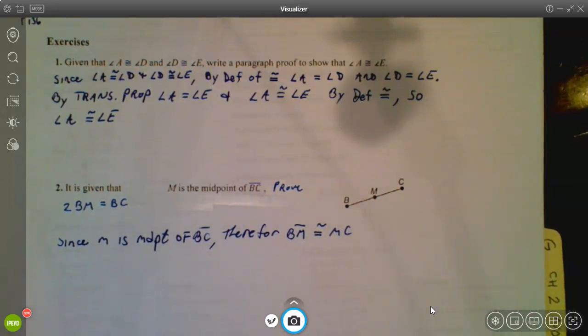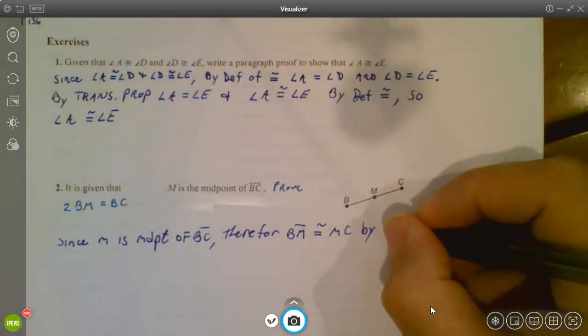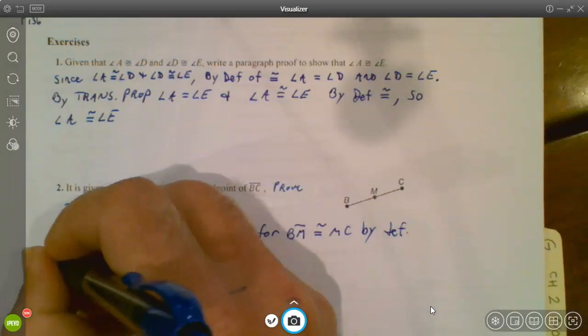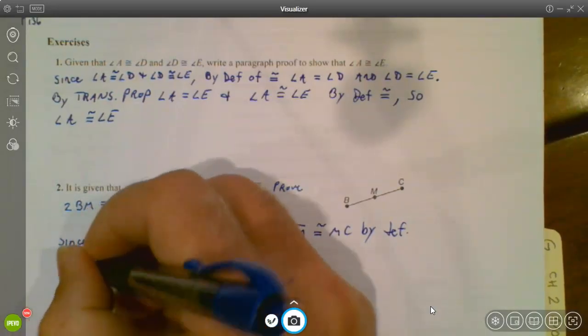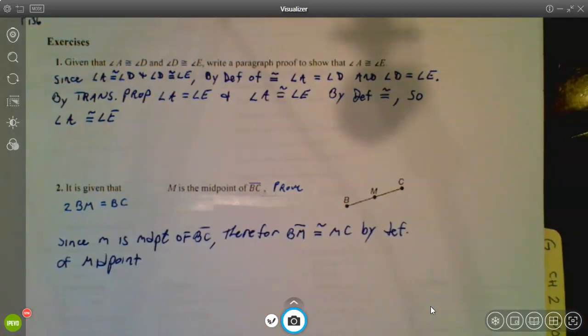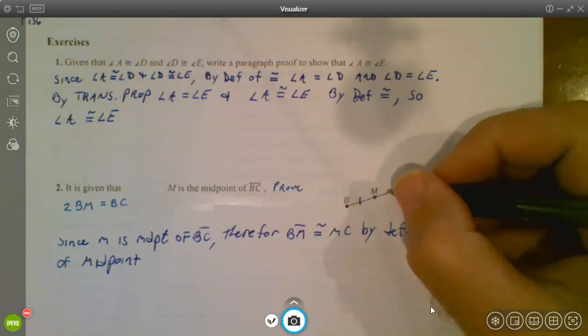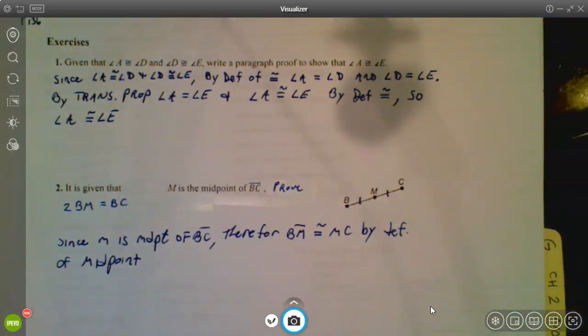So we talked about this earlier in the video, by definition of midpoint. Okay, so we now know that BM is congruent to MC. That's what we just have shown so far.